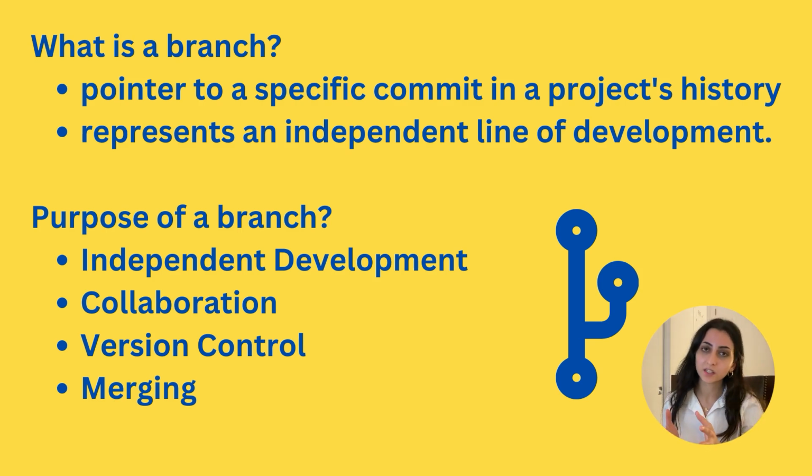Let me give you a really simple example. Let's say that you have one main branch and you want to be able to develop a new feature, but you don't want to play around with the main code that is actually functional because it might create a bug.